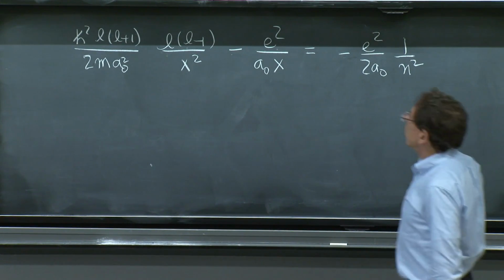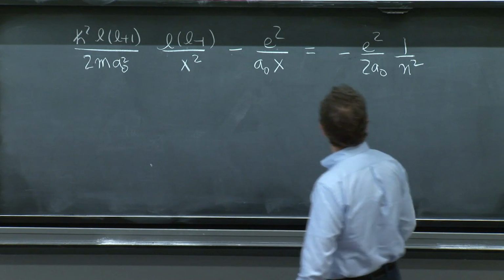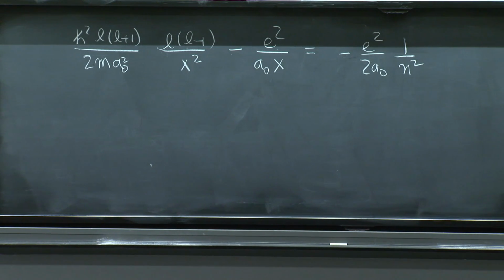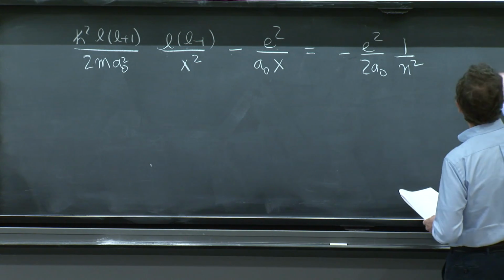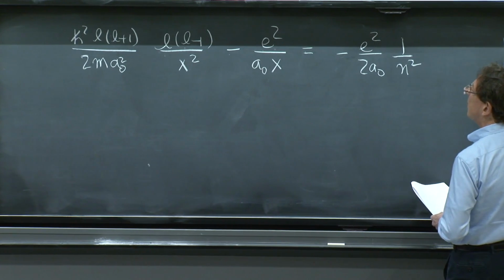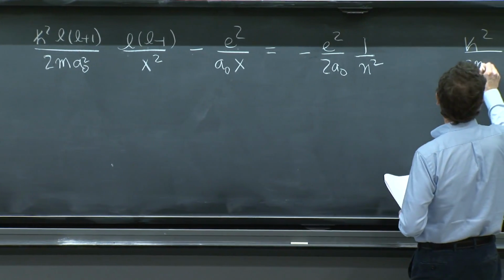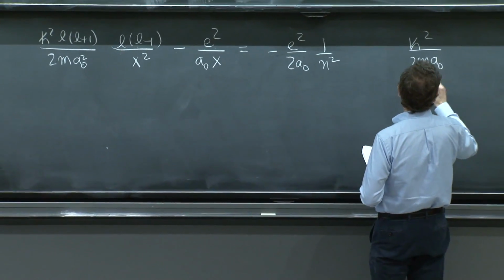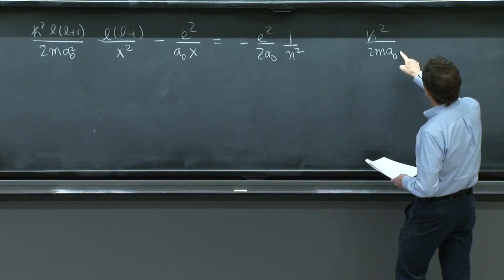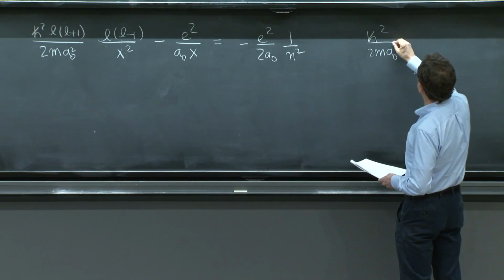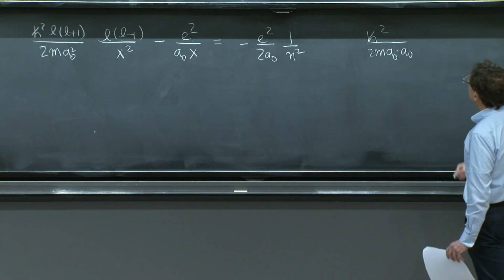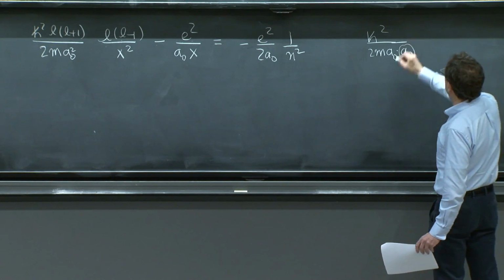So the units should work out. We should get a nice equation without units. So what must be happening is that the coefficient in front here, h squared over 2m a0 squared, let's take the other a0 and separate it out, and transform this.